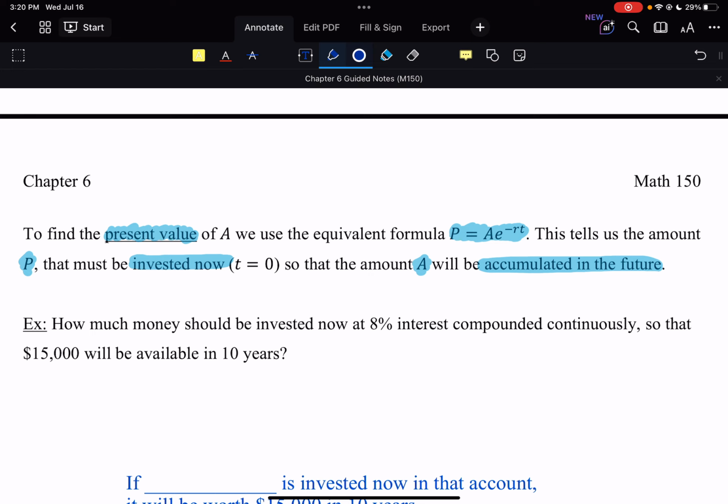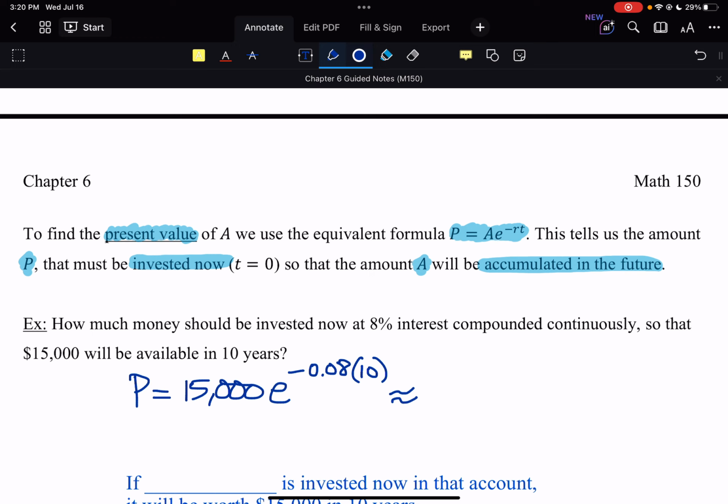So for this example, how much money should be invested now at 8% interest compounded continuously so that $15,000 will be available in 10 years? So we're going to have P equals 15,000 e to the negative 0.08 times 10.